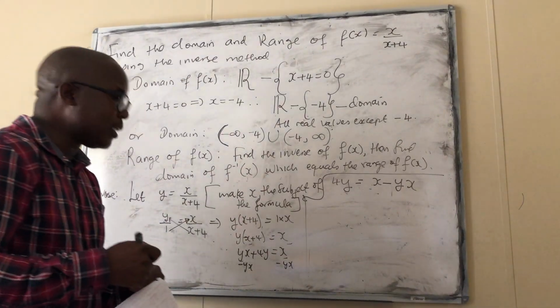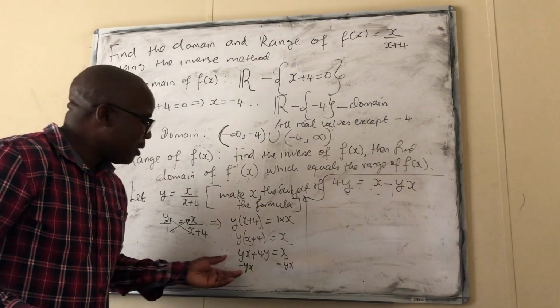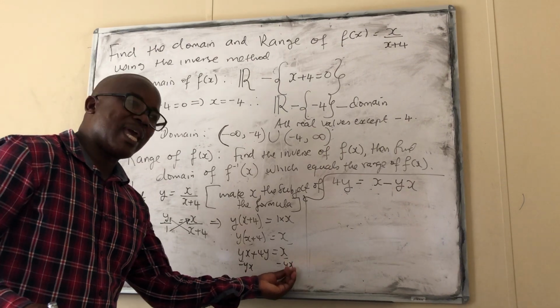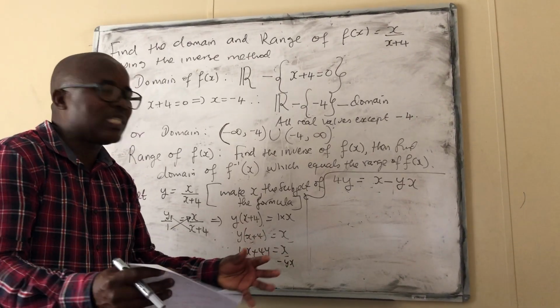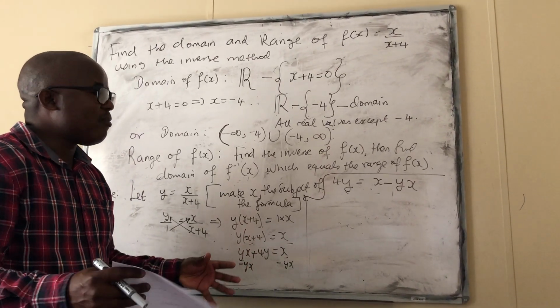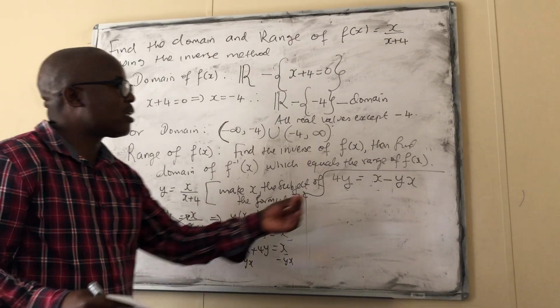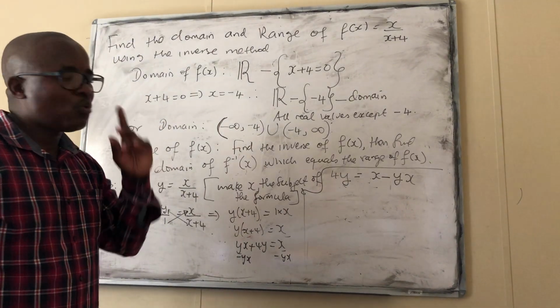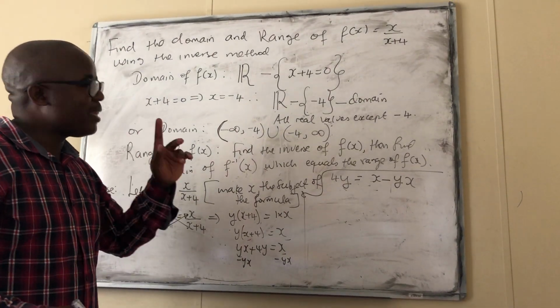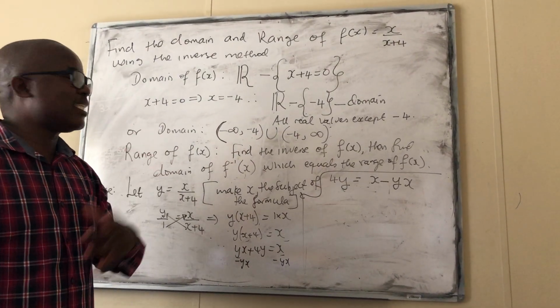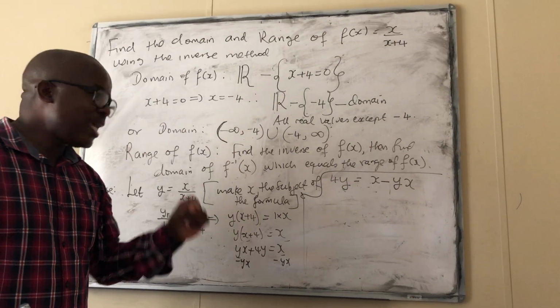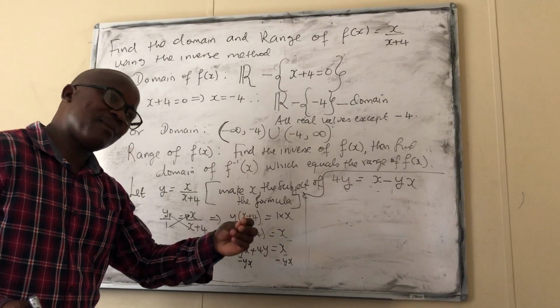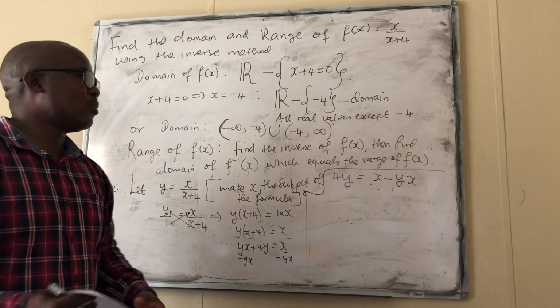Why are we combining the yx with the x? We want to put those terms that have a similar variable together so that we remain with only one x. Remember, we are making x the subject of the formula, so our final answer must have 1x, not 2x's.